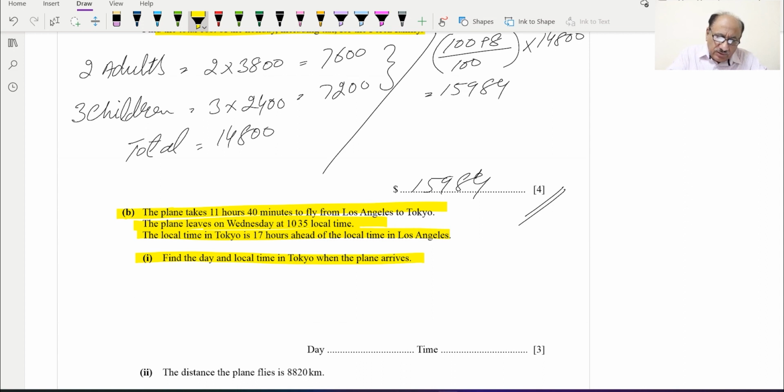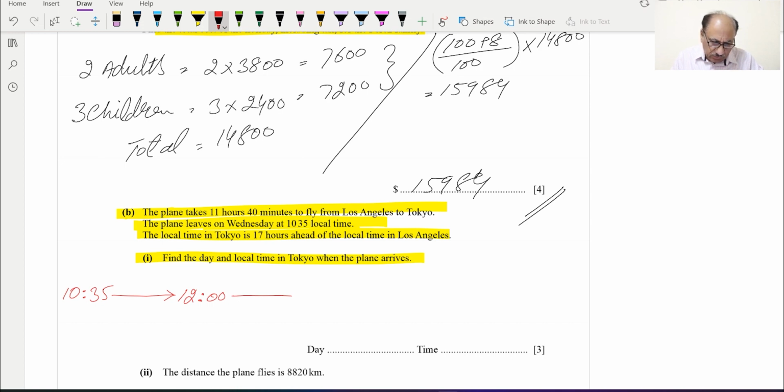So we will understand this situation that the plane is starting at 10:35, and up to 12 it will have some time, and then after 12 it reaches at 10:15 basically.